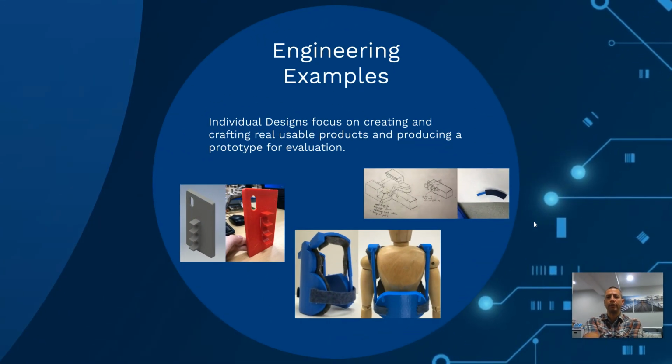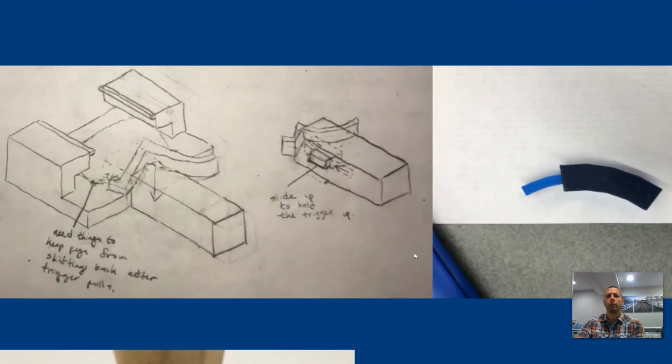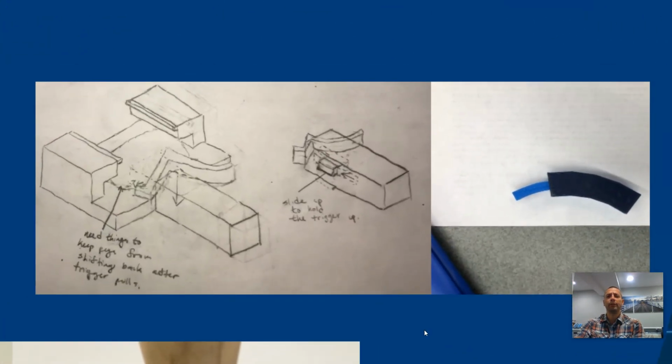Some of the engineering examples are students developing harnesses and seeing how they fit. Some students were designing cell phone cases that were easily handled by the elderly, trying to make it a universal grip. We also had other ones. I can't remember what this one was for, but it was a locking mechanism.